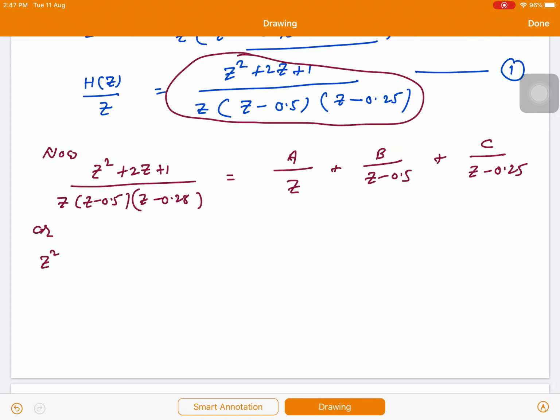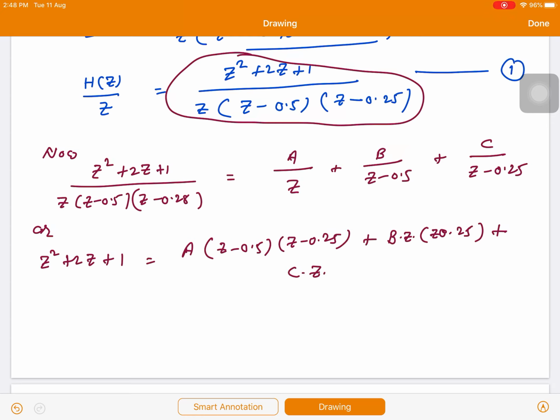Okay, so I'm just writing directly: z square plus 2z plus 1 equal to A (z minus 0.5)(z minus 0.25) plus B multiplied with z (z minus 0.25) plus C z (z minus 0.5).